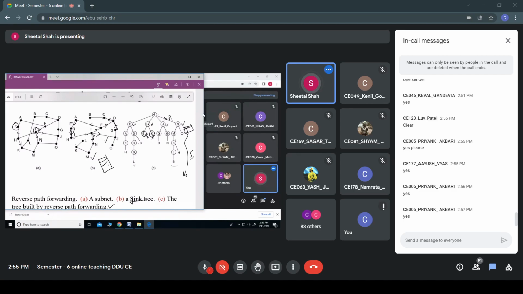So there are 14 packets which are forwarded, and in this 5 hops, not 14, there are 24 packets, because here also it has forwarded, isn't it? Here, everywhere. So there are 24 packets and 5 hops it takes to broadcast a packet from the router I to the rest of the routers in the network. Hope everyone is clear with this.